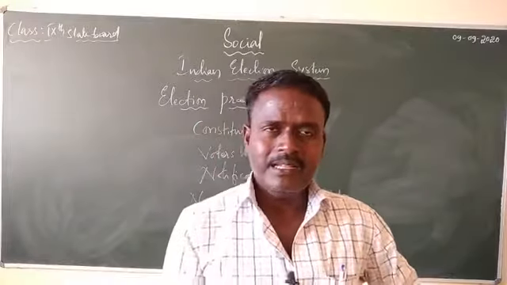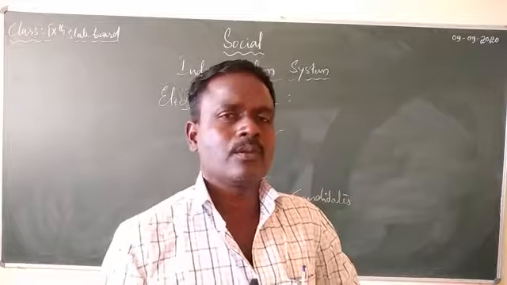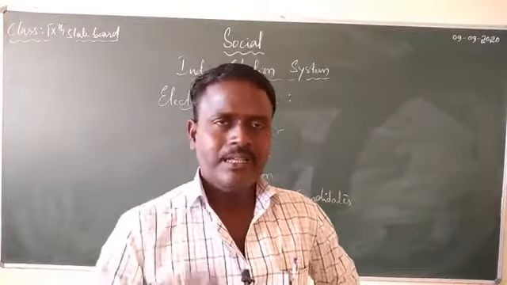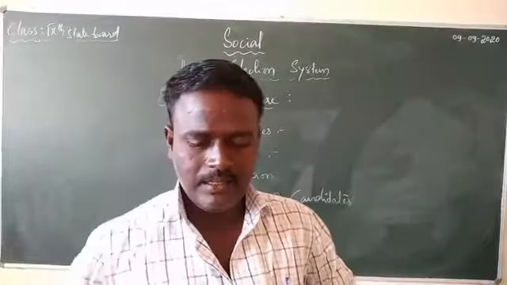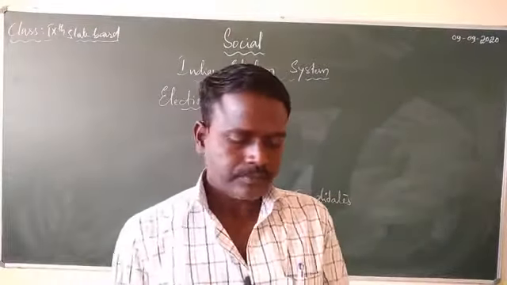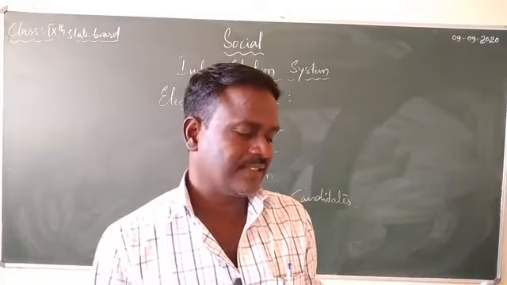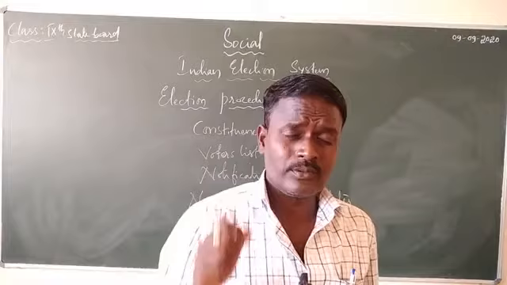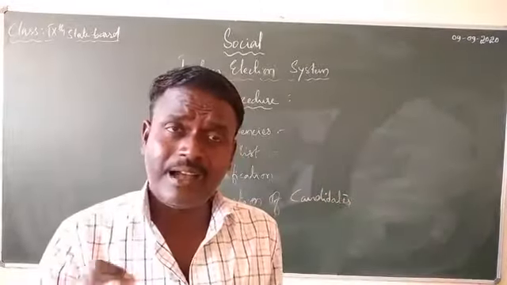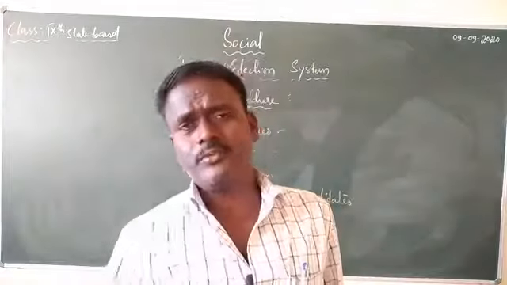For that reason, it is compulsory for every individual that once you reach 18 years of age, you have to enroll your name in the voters list. Listen carefully. The voters list is the list which contains the names and certain other details of the voters who are present in that constituency.